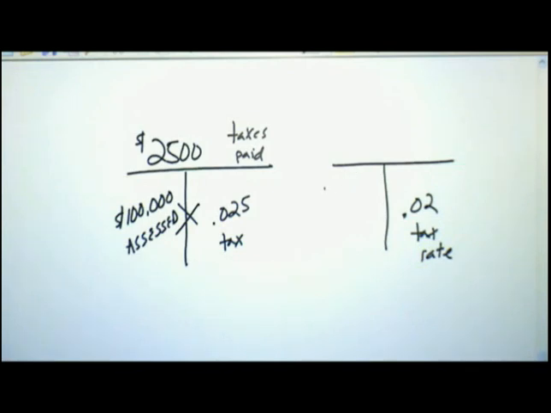And the assessed value went up by 25%. So if it was $100,000 and it went up by 25%, that would make it $125,000. That means the total taxes paid in that scenario was $2,500. So between the 2 years, the tax amount stayed the same.